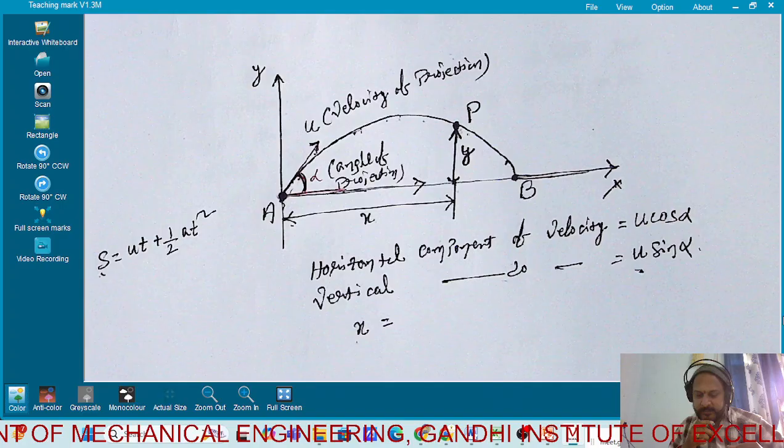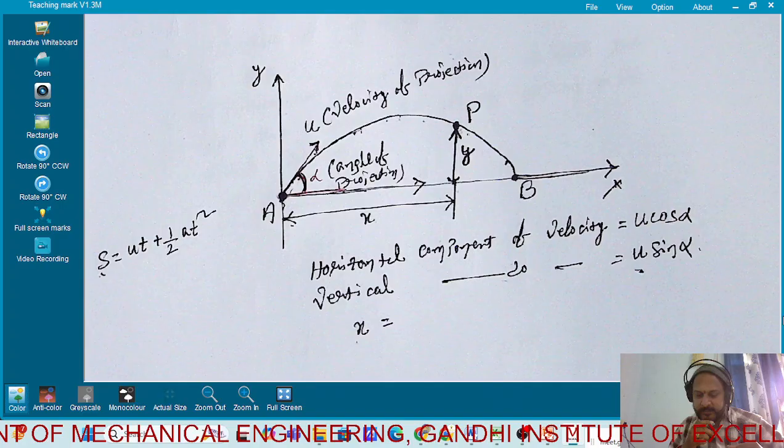So when we are calculating x, the equation will be s is equal to ut, because a is 0, because the horizontal component is constant. s we have taken as x, and u here is u cos alpha, into t. So x is equal to u cos alpha into t. Understood?